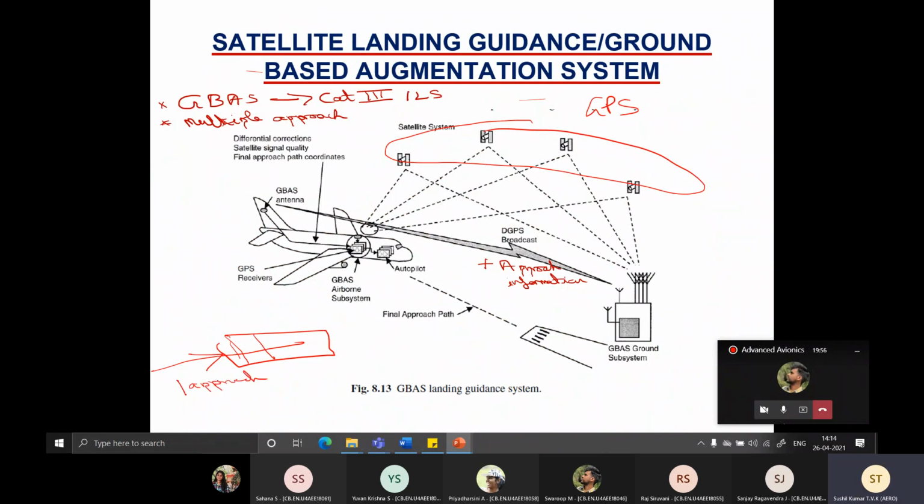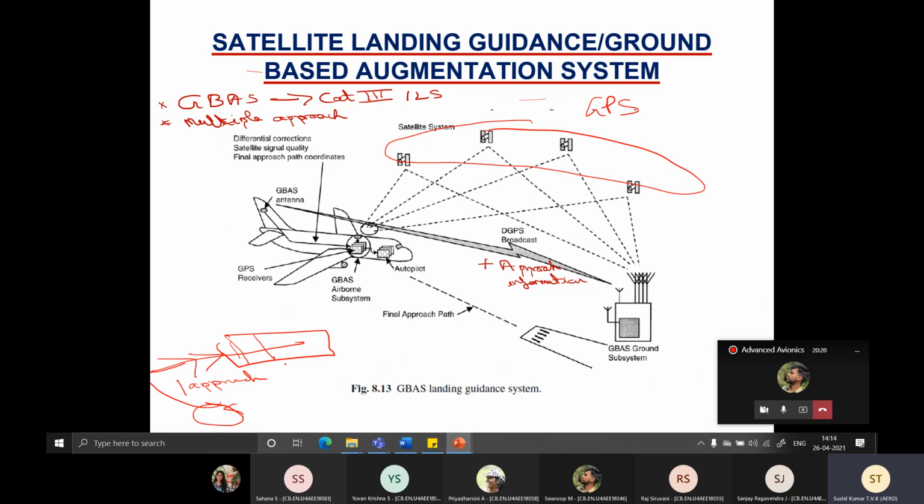So what they do is, it's like a token system, aircraft are put on hold, so they keep flying in circles. It's called a holding pattern. At different altitudes, the controller will ensure that they are in holding pattern, and one by one he'll allow the aircraft to come and land. That definitely is not a very economical way of operating things.